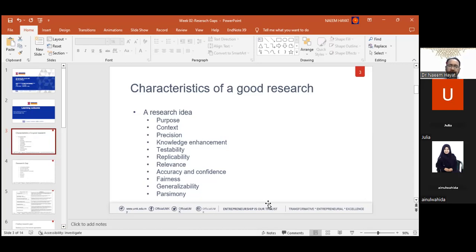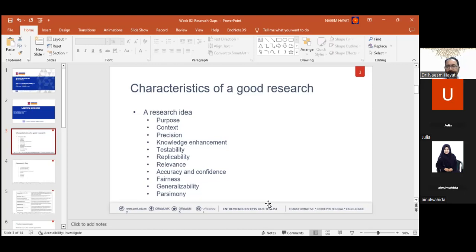So that we are able to contribute to the literature. These are attributes of good research that we need to inculcate and incorporate in our research writing: that research has a purpose, it has a context, precisely documents the facts and the method we are utilizing, and proposes the knowledge enhancement or contributions that we are expecting to make to the scholarly community.